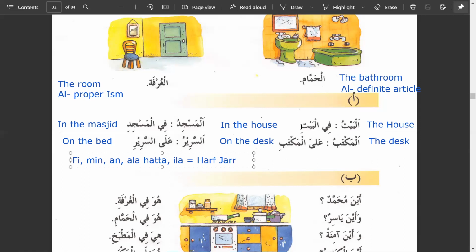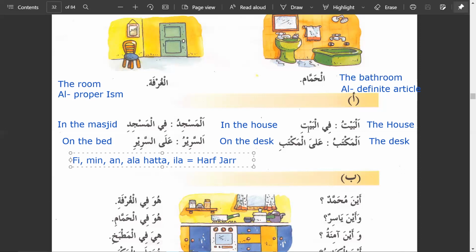As soon as harf jar comes, it makes the ism majroor, immediately the ism takes a kasra.